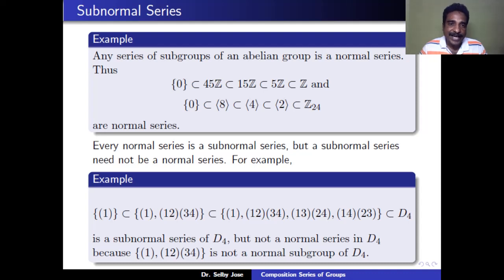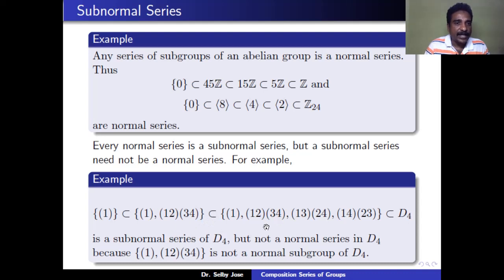If I call it H, then H is a subgroup of D4, which is G. So the index of H in G is equal to 2. Therefore, H is a normal subgroup of D4, because we know that any subgroup with index 2 is a normal subgroup. If I call K the identity and the second one, then this is K and this is H. What is the index of H in G?